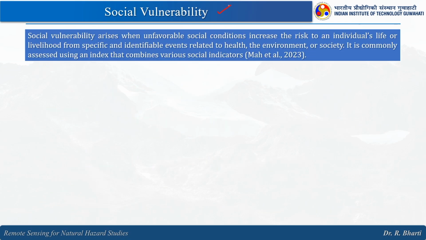The social vulnerability arises when unfavorable social conditions increase the risk to an individual's life or livelihood from specific and identifiable event related to health, the environment or the society. It is commonly assessed using an index that combines various social indicators.